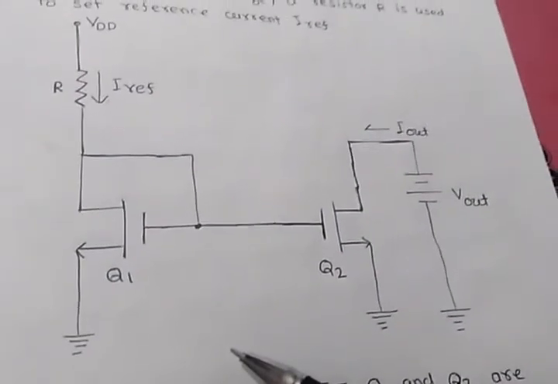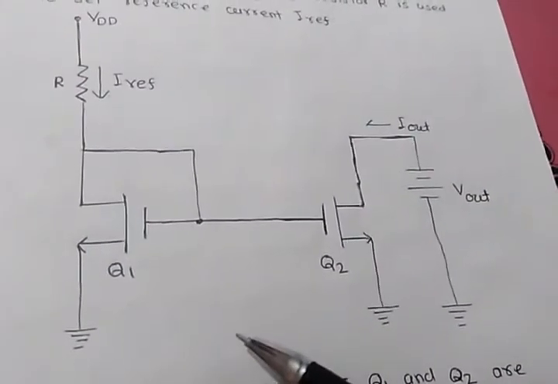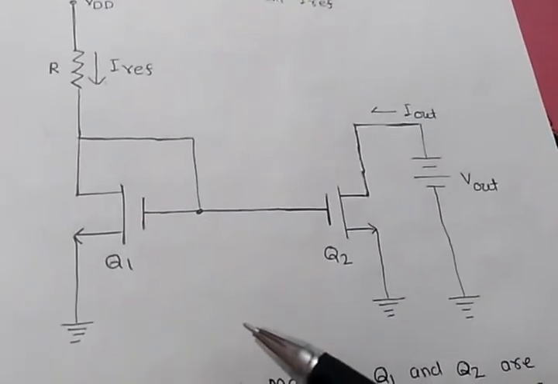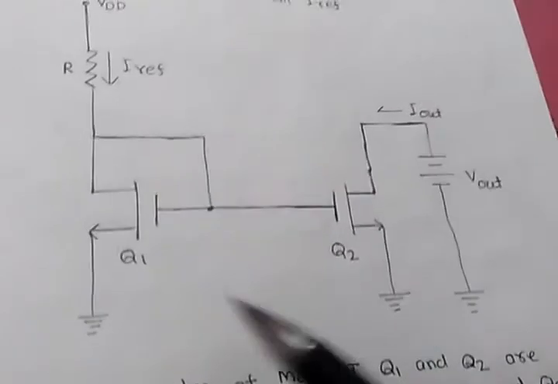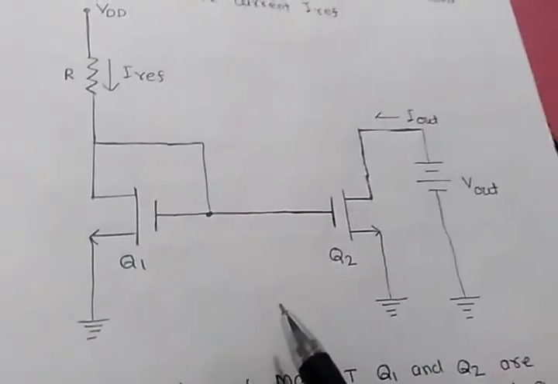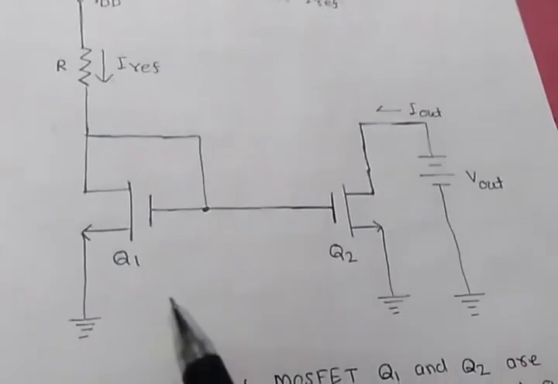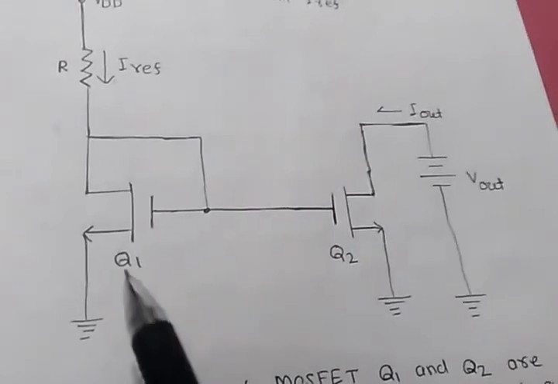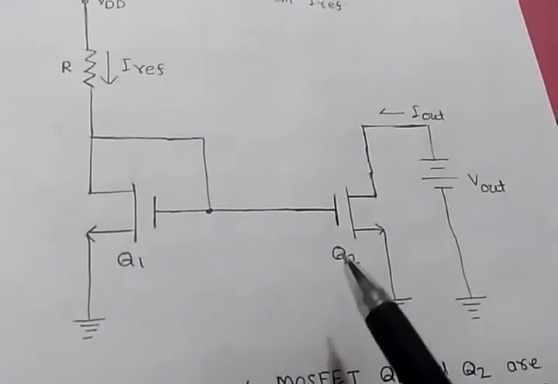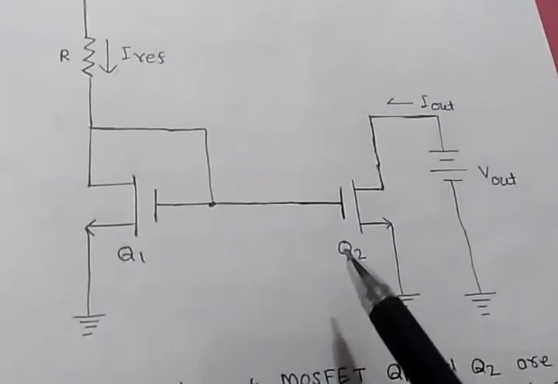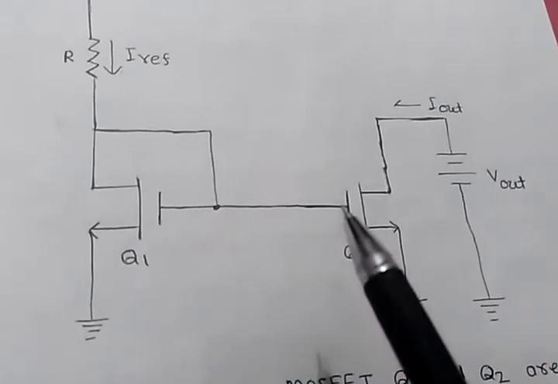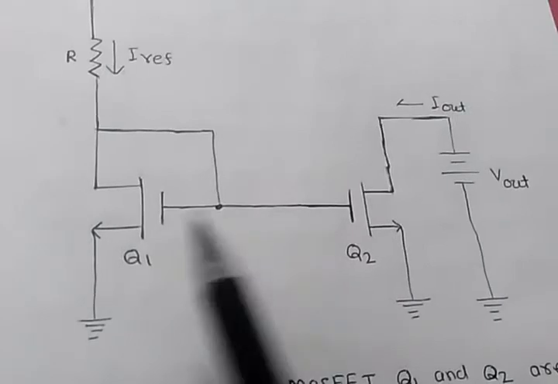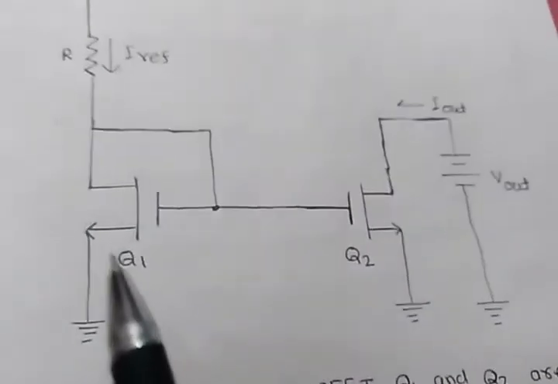This circuit shows the implementation of a constant current source using MOSFETs. As we are seeing in this circuit, we have used two matched transistors Q1 and Q2. In this circuit, gate of transistor Q1 and gate of transistor Q2 both are joined.